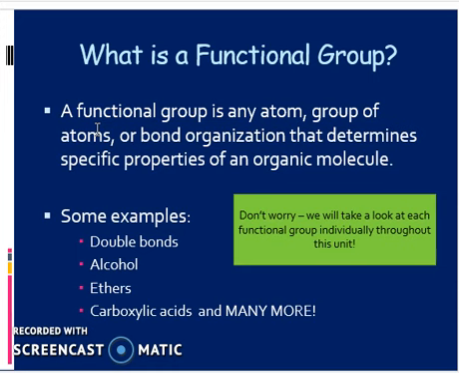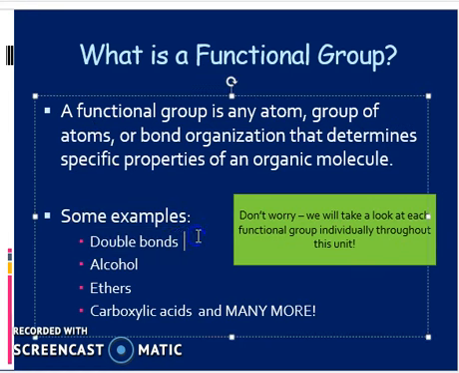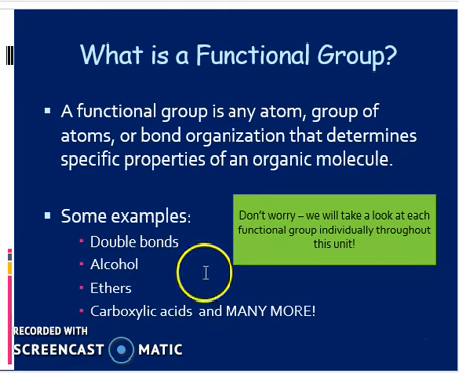So it may change the solubility, it may change the melting point, boiling point, surface tension. Some sort of property has been altered because of the fact that that portion of the molecule exists. So some examples can be multiple bonds, so double bonds, triple bonds, alcohols, ethers, carboxylic acids. There's a whole slew of them.